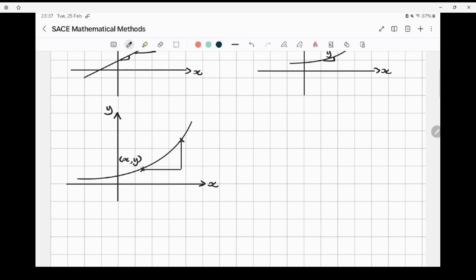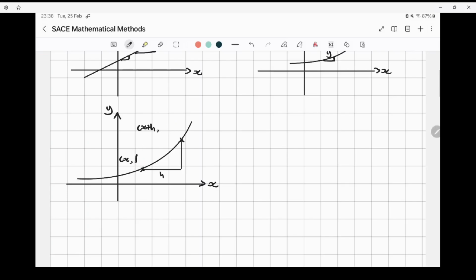Essentially, what you're trying to do is to add some small number h such that your next point is x plus h and then y prime. So y prime over here is the value after.